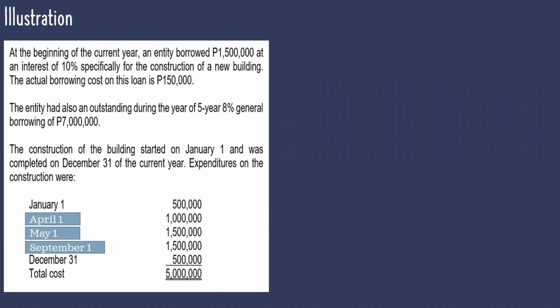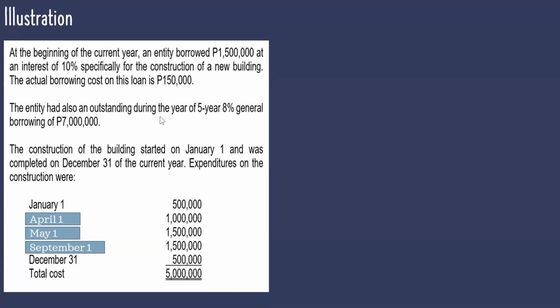So we have here our illustration for a qualifying asset financed by both specific and general borrowing. So at the beginning again of the current year, an entity borrowed 1.5 million at an interest of 10% specifically for the construction of a new building. So the actual borrowing cost of this loan is 150,000.